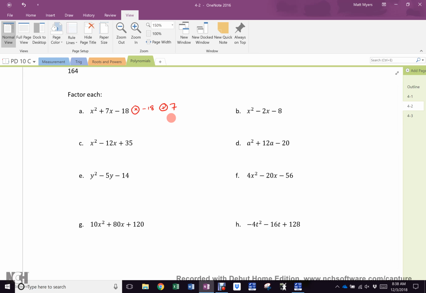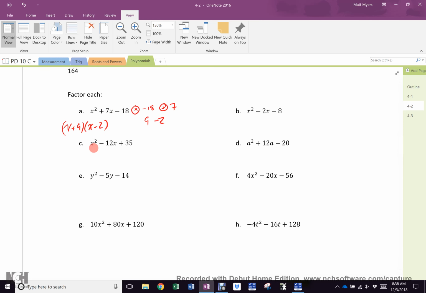Yes. How will 9 and 2 get me to 7? 9 minus 2, right? So x plus 9, x minus 2. Then I check. x times x, x squared is good. Negative 9 minus 2 is negative 18. 9 minus 2 is 7, and I'm aces. Everybody good? That's how easy it is.